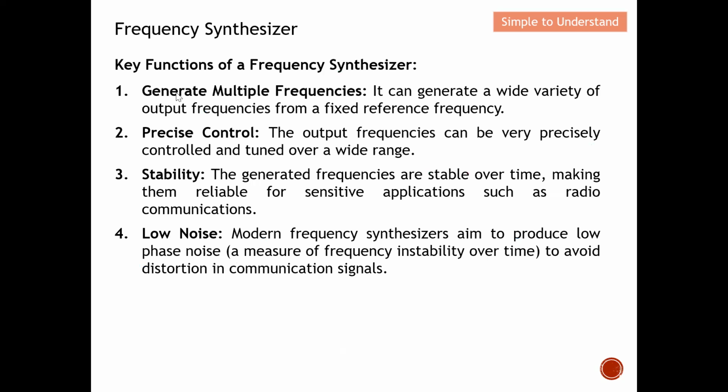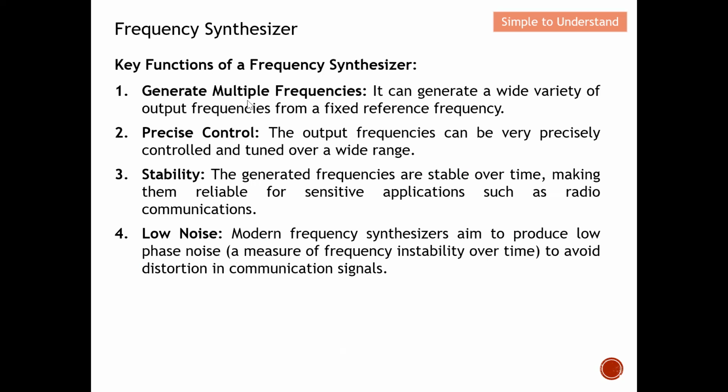Firstly, the frequency synthesizer needs to generate multiple frequencies. As I mentioned earlier on, in the early days, let's say we only have 3 frequencies, it will be quite easy. We can still use the resonant LC. However, in today's world, communications is getting more and more complicated.